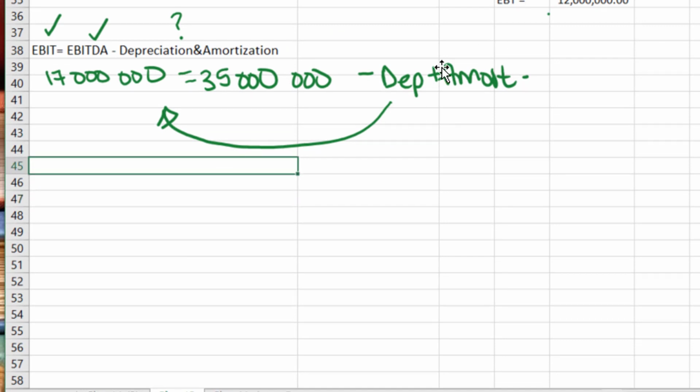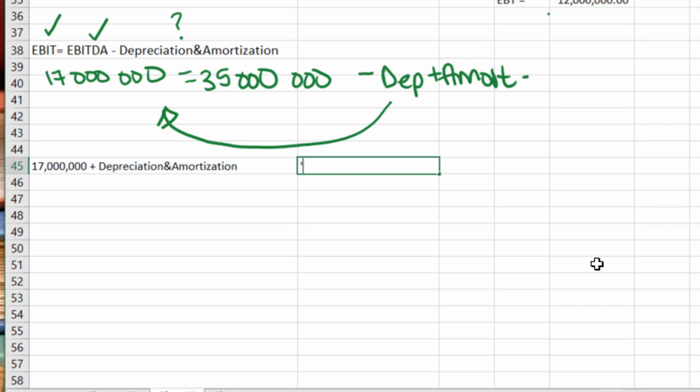If I move just this one over to this side, I would have 17 million, right? Plus depreciation and amortization. Right? And then on this side, it would say equals 35 million.